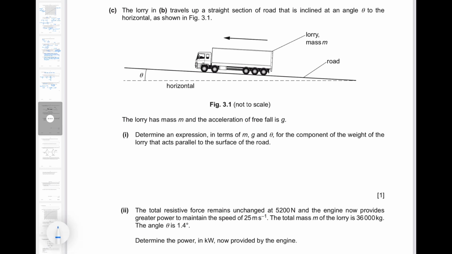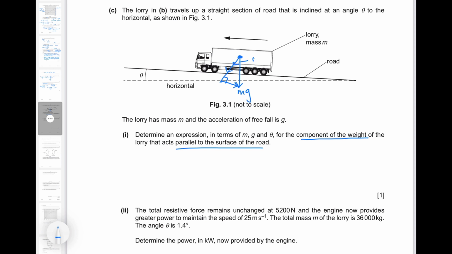Alright, the component of weight which acts parallel to the road. Here, somewhere around here, the weight would act from the center of mass and it would act downward. That would be mg, the force. Now this is a vector quantity, which would mean it will have two components. That would make a right angle triangle.